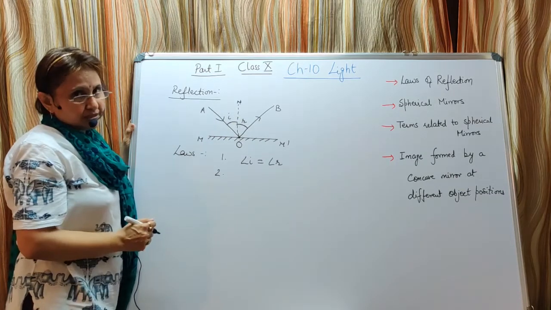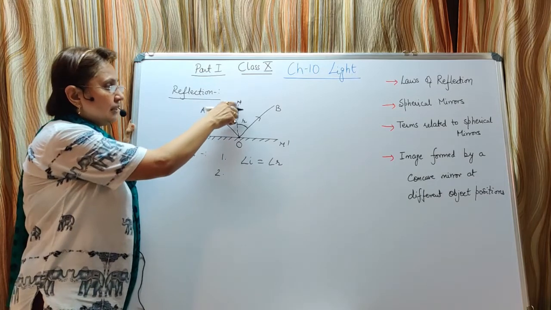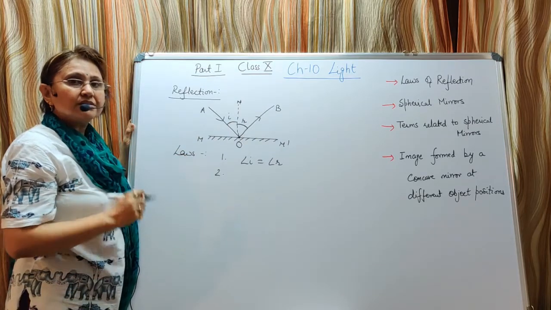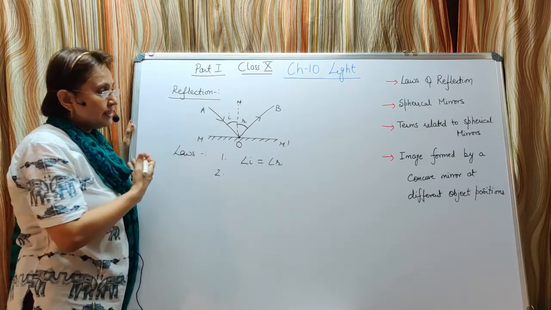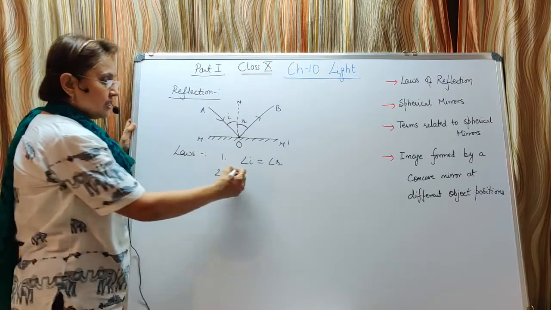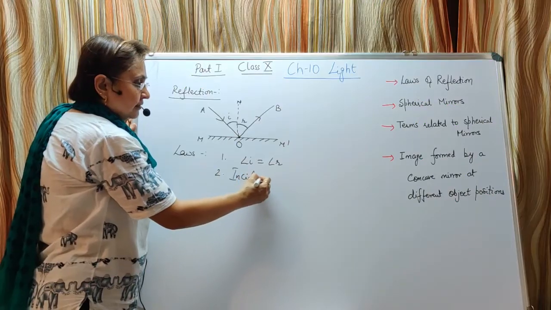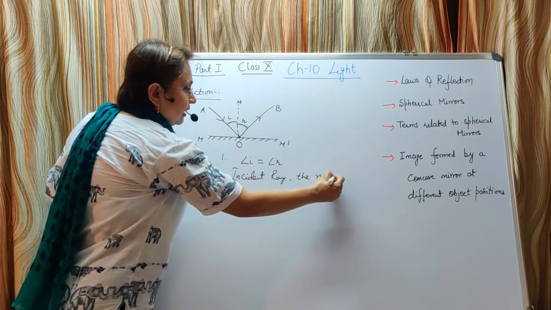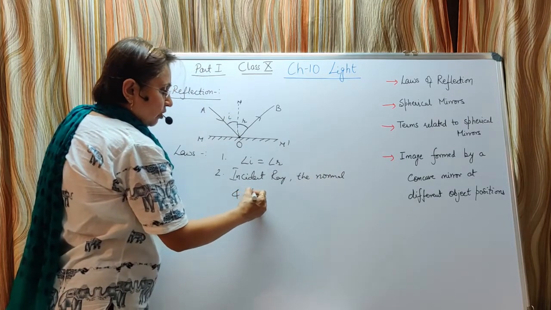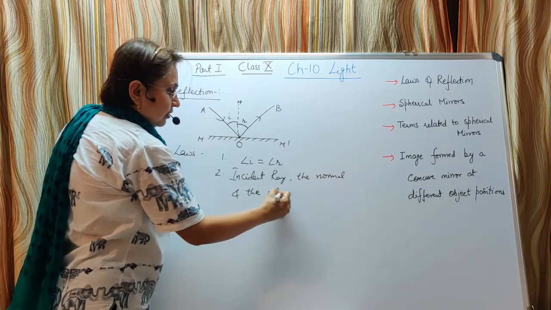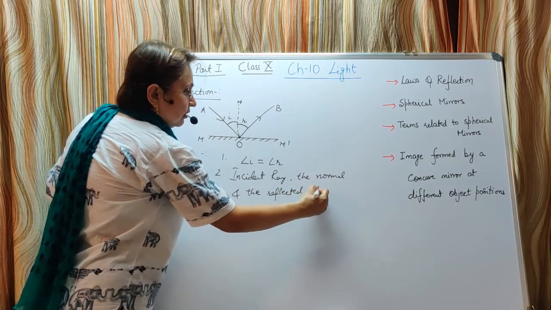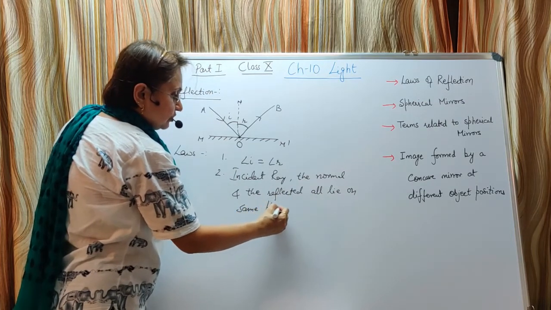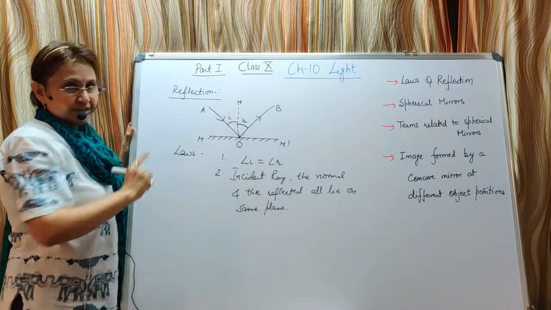Now the second law states that the incident ray, the normal at the point of incidence and the reflected ray, all three lie on the same plane. Same plane means they can be drawn on the same surface. So this is the second law of reflection.